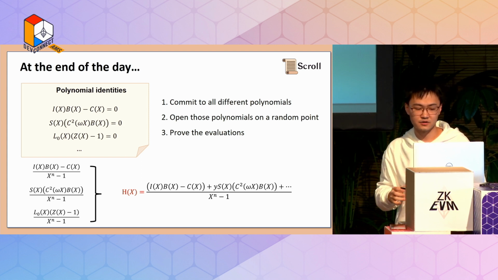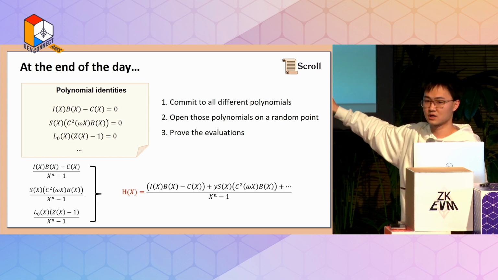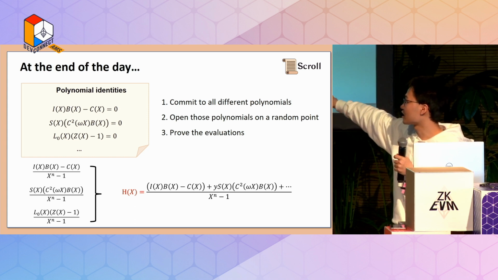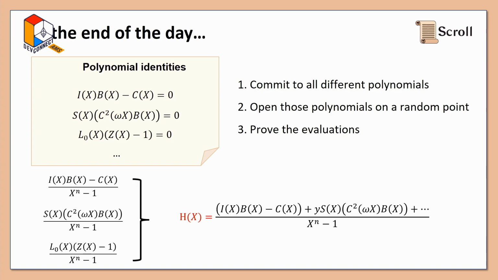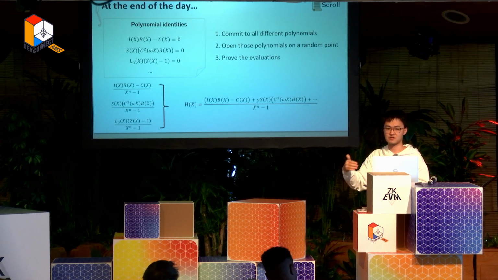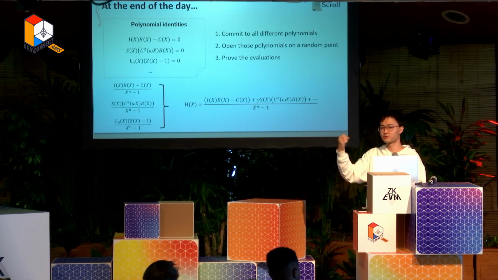I will give a concrete example. To compute hx, you need to linearly combine all those polynomial identities, right? So it's high degree, because each custom gate has degree 4 or even higher. So to compute the hx, you need to do a lot of high degree polynomial computations. And that's also a reason why you need FFT over a different field. Because if you are doing FFT for polynomial multiplication, for example, if your input 2 polynomials are just degree n times degree n, you will result in a degree 2n polynomial.